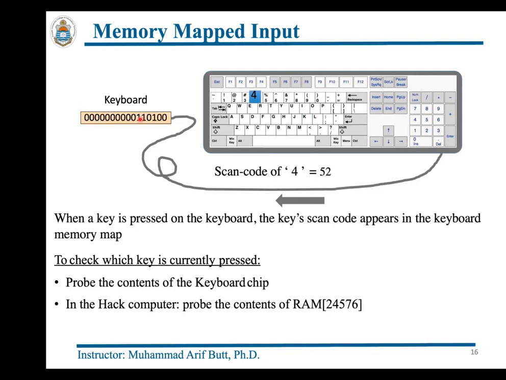Similarly, if a user presses the digit 4 on the keyboard, the code sent to the memory map at RAM address 24576 will be 52, and this is the binary representation of 52. So whenever a program wants to read the key pressed by a user on the keyboard, it will simply read the 16-bit word at memory address 24576.